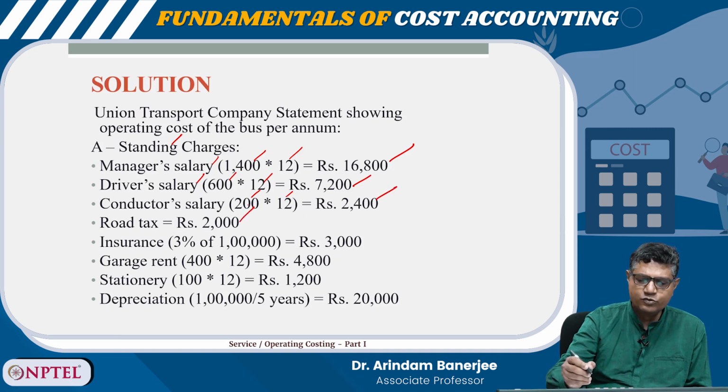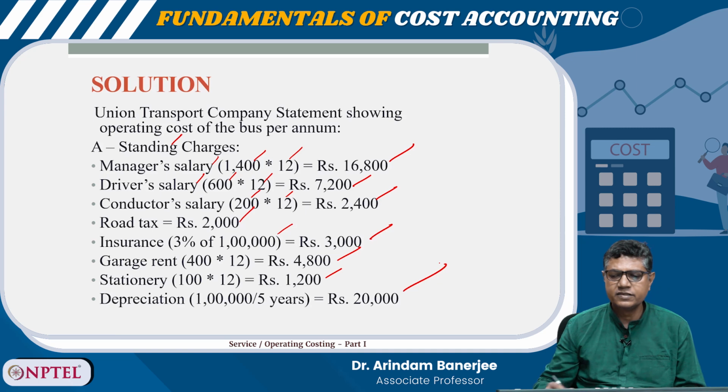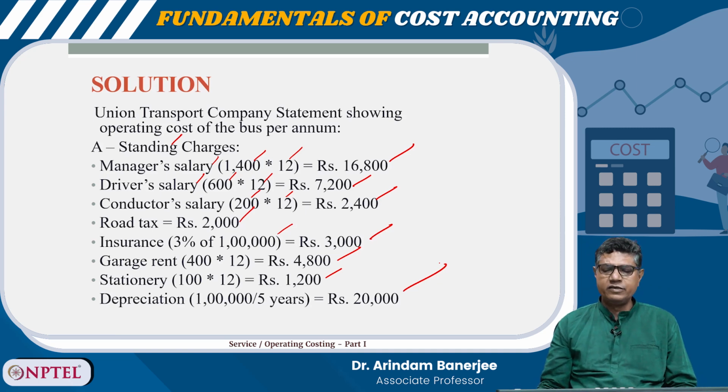Road tax rupees 2000. Insurance 3% of 1 lakh, rupees 3000. Garage rent 400 into 12, 4800. Stationery 100 into 12, 1200. Depreciation for 5 years, per year it is 20,000. 1 lakh divided by 5 years is 20,000.